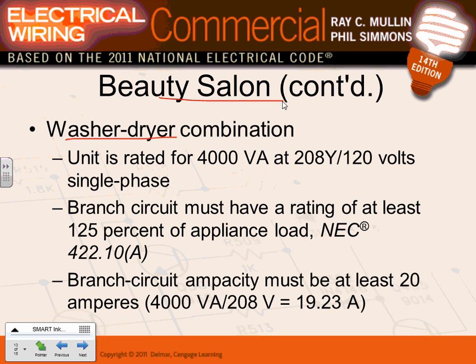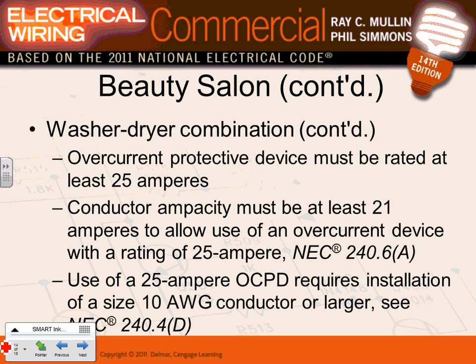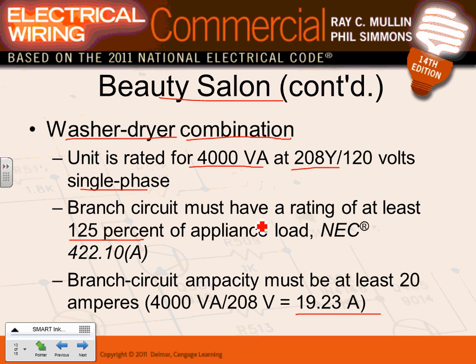In the same location, we have a washer and dryer combination. This is how they size it. It's a 208 single phase. 125 the full load current. Look at the full load current here, guys, and then a 21. So you end up with a 25 amp. I'm going to go one more time. Take the full load current of it by dividing the 4,000 by 208. You multiply by 1.25.